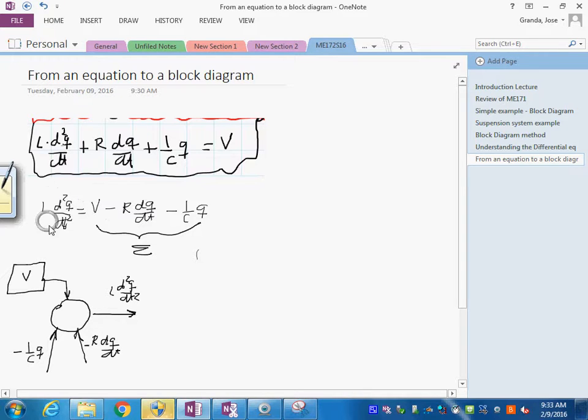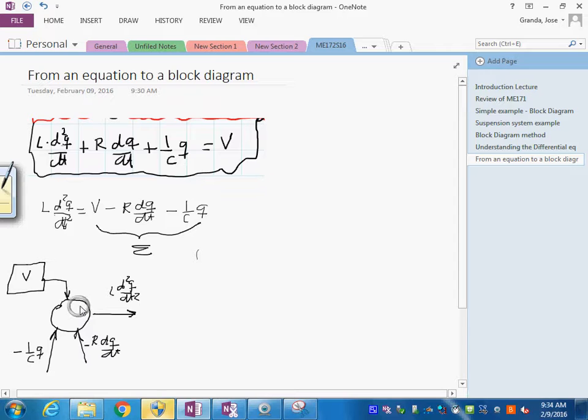So in here, the first thing we're going to do is we say, okay, what about if we divide by 1 over L? And then, of course, what is left is d squared q dt squared. And if you integrate once here, you integrate it once.